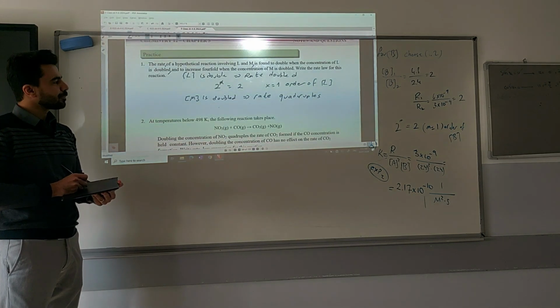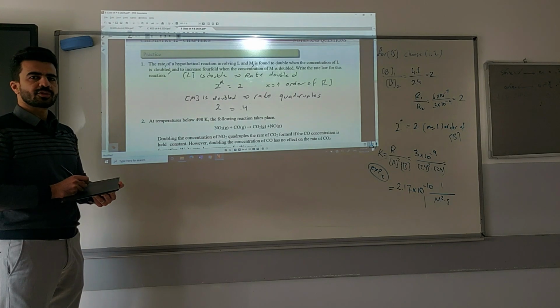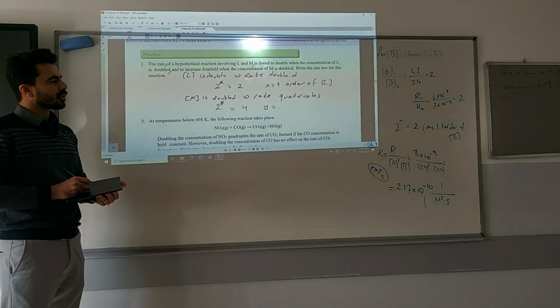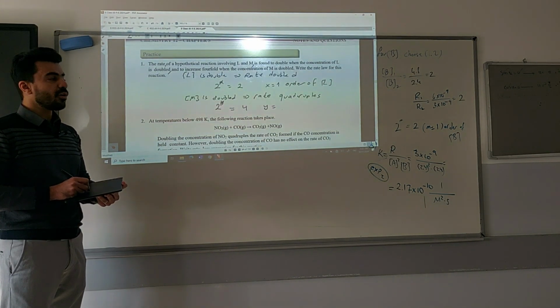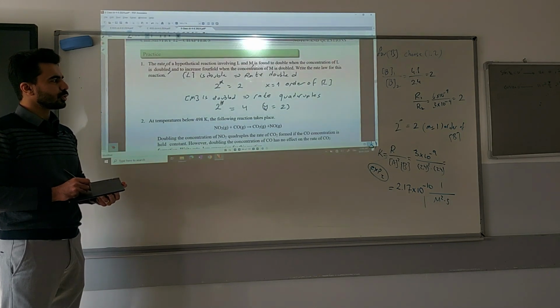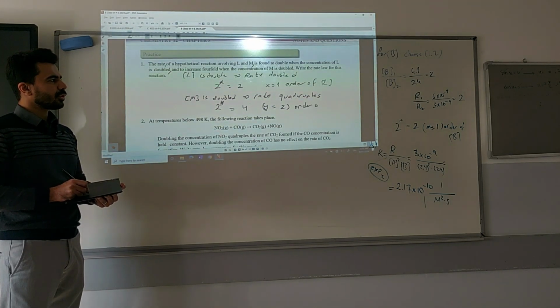So in this case, you will say when the concentration of m is doubled, rate is increased by 4. So what is the power? You can just write y. So y is the order of m, which is 2. That's the order of m.